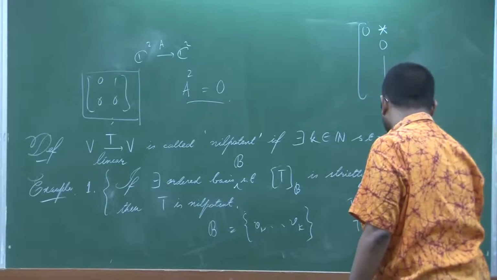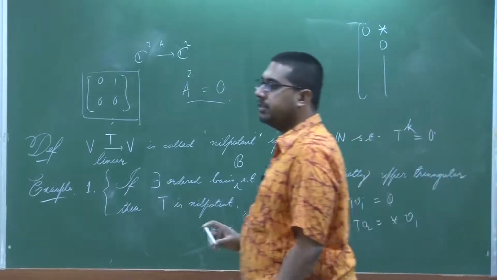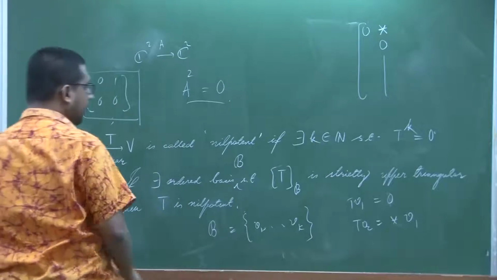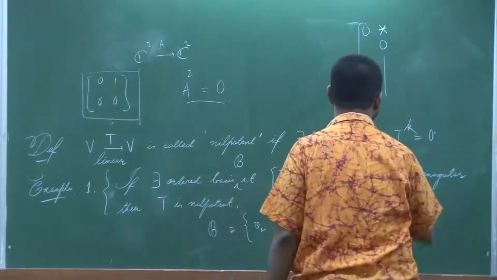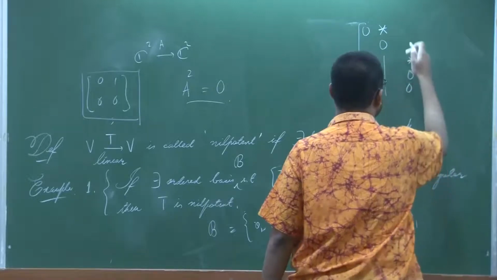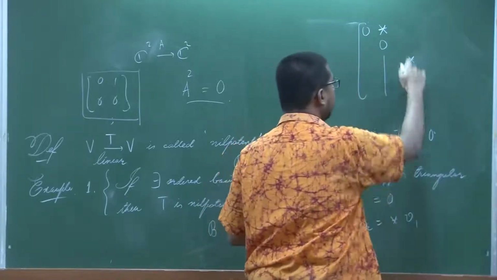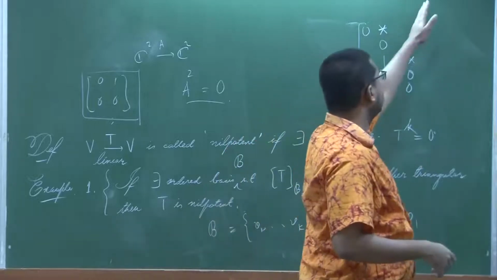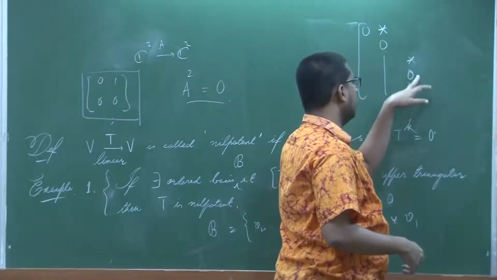So, Tv2 must be some scalar multiple of v1, and then you see that for any Tvi, the coefficients beyond the ith row, the entries, must be 0.